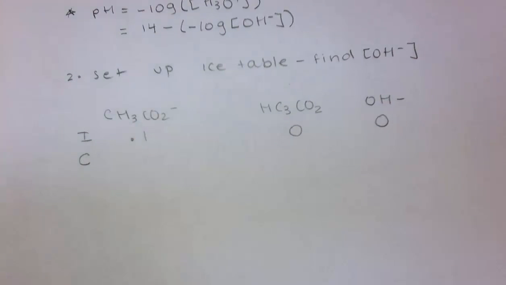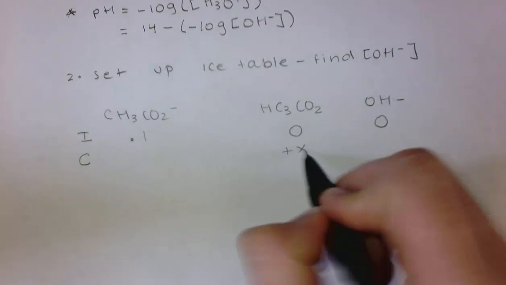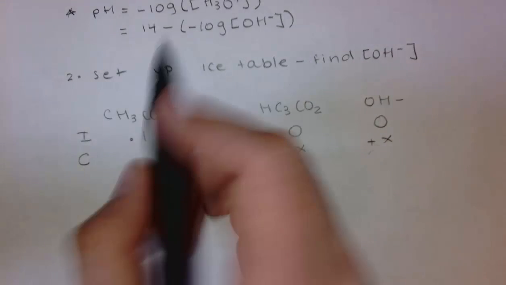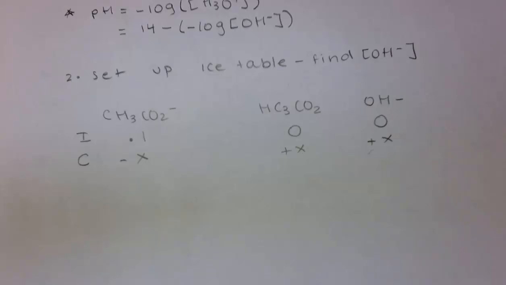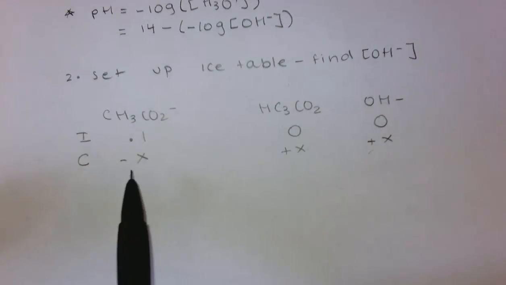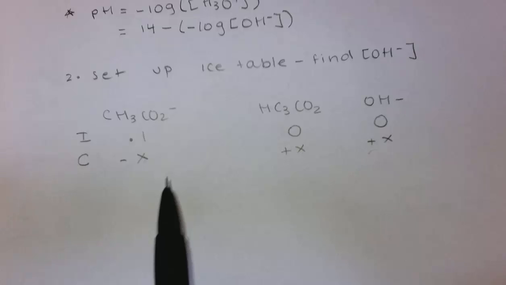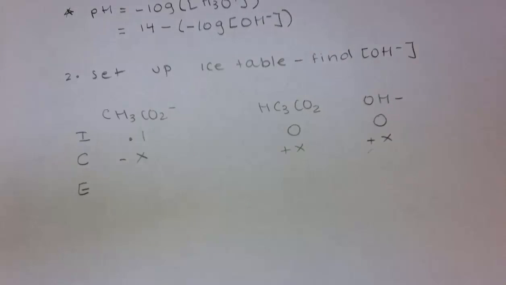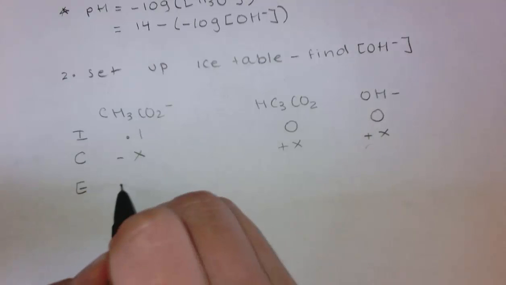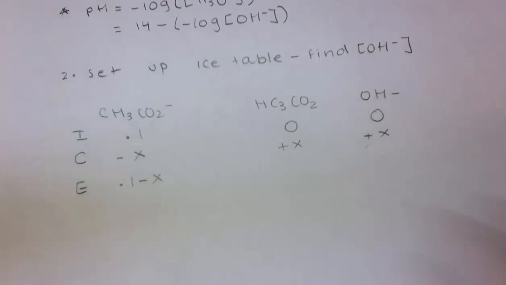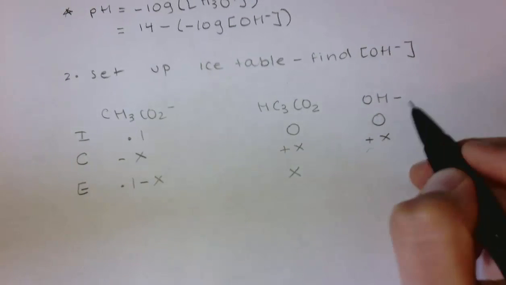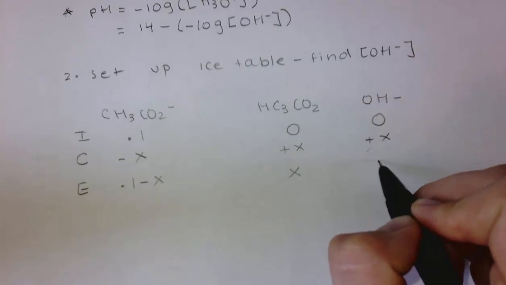Then we have our change in concentration to get to equilibrium. So we're going to add some value of x to produce product, and we're going to do that by subtracting away some value of x from this side, and everything is in a 1-to-1 ratio. And then our equilibrium concentration for acetate becomes 0.1 minus x, and for our acetic acid becomes x, and also x for our hydroxide.